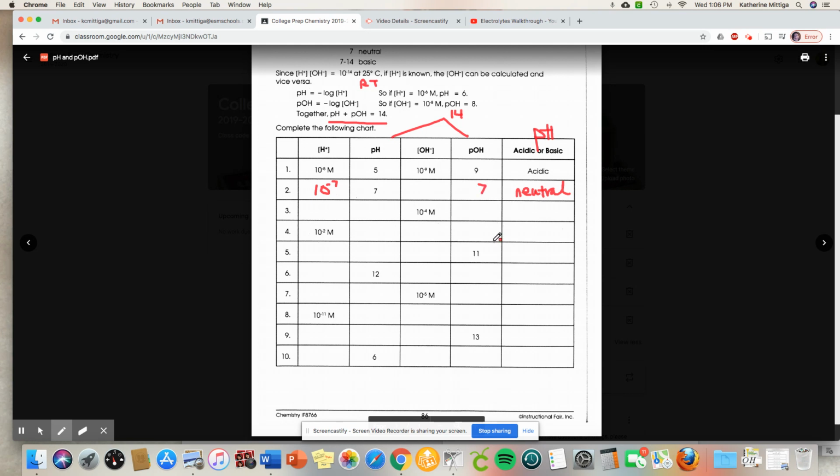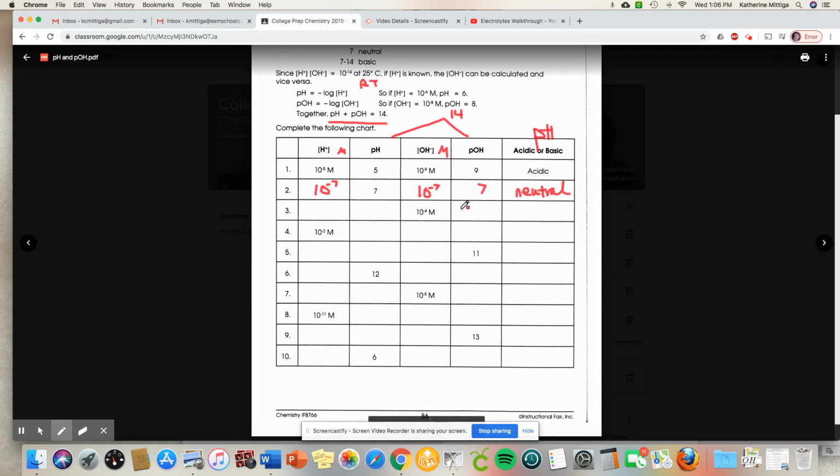That's also 7. So if pH is 7, pOH is 7, OH minus has to be 10 to the minus 7. Do you see why, and this is molar. Let's just put it here so we don't have to keep writing it. Do you see how, if you're neutral, you have the same concentration of H plus as you do OH minus. That's why it's not an acid, it's not a base, it's right in the middle.